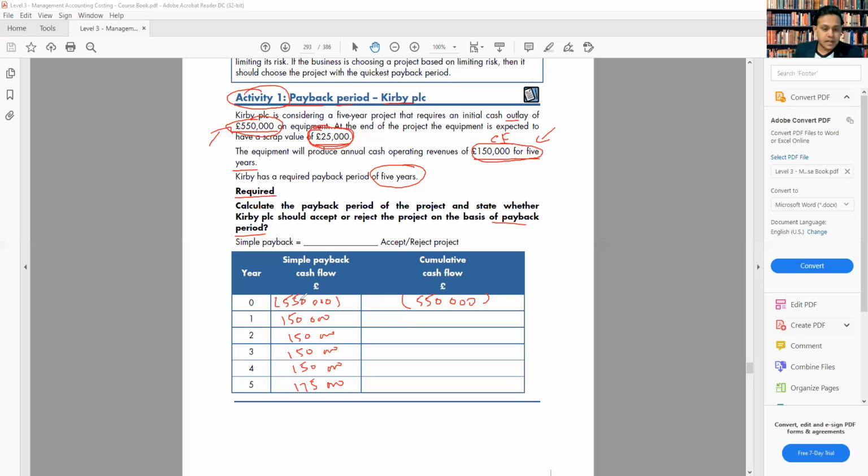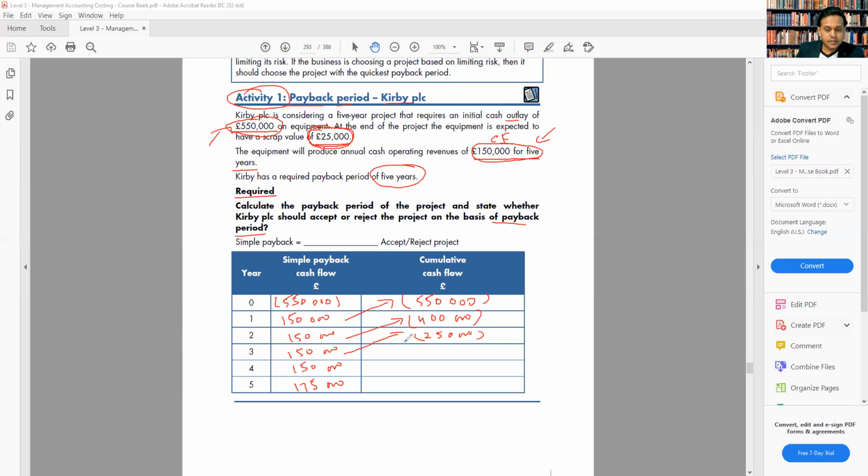My investment was 550,000. So after the first year, I'm still left with minus 400,000 with the company. From 550,000, I received 150 after 1 year, and still I have minus 400,000. Year 2, I receive another 150, so still I have minus 250,000.